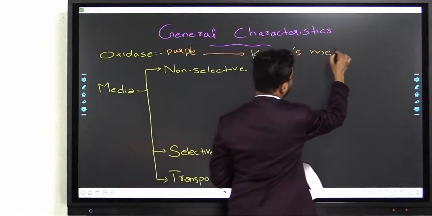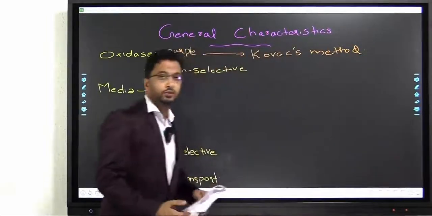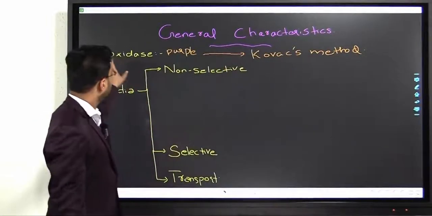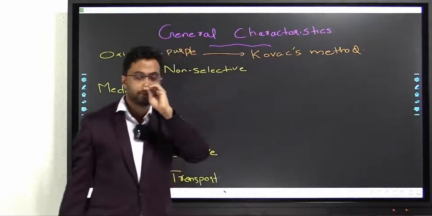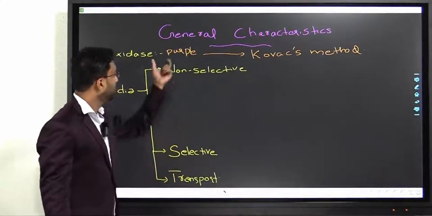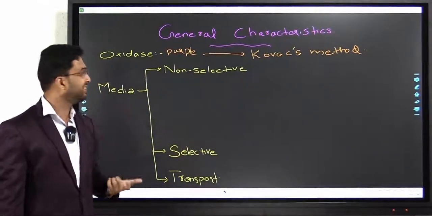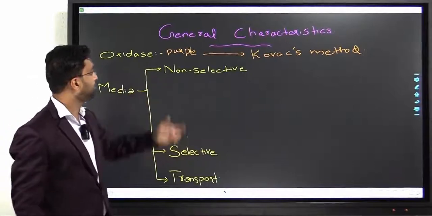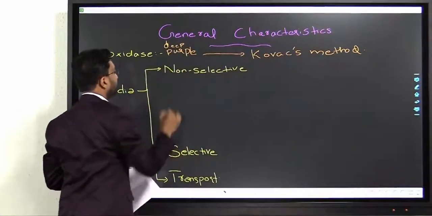You are preparing for entrance, not for your theory exam. So just know that the oxidase positive test is analyzed by a test called Kovacs method or Kovacs test, where the organism, whether it's Neisseria gonorrhoeae or meningitidis, gives a deep purple appearance.